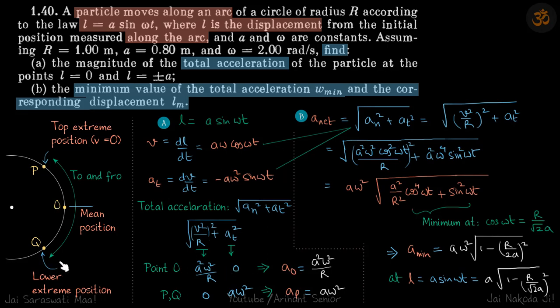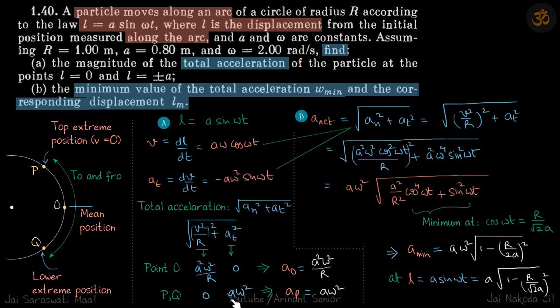And at extreme positions P and Q, what will be the v square by r? At extreme position, this will be the maximum, which means omega t is plus minus 90. So cos omega t is 0, so v is 0. So v square by r is 0. And a_t, which is this quantity, will be A omega square.